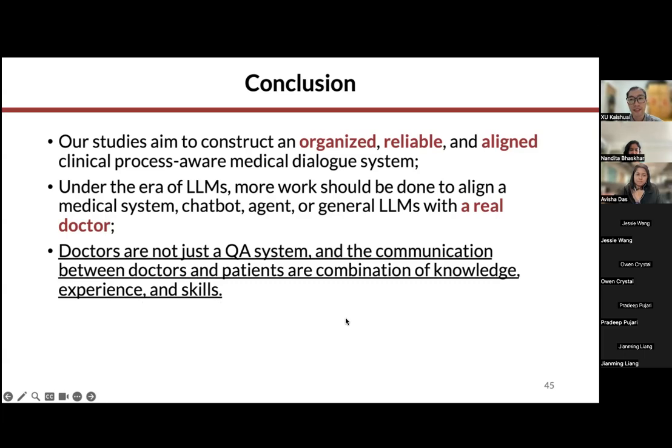Can I still ask some questions, or is it too late? Yes, okay. You mentioned the doctor's experience, and you basically say their preference. That also means different doctors may have different preferences.